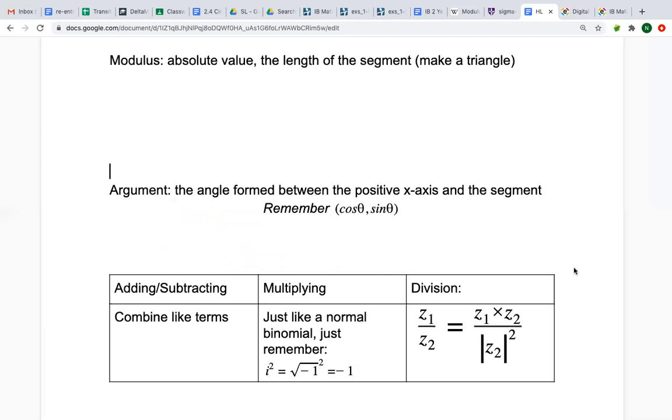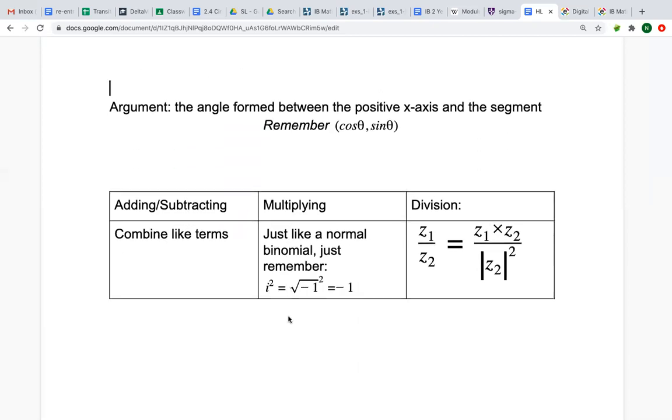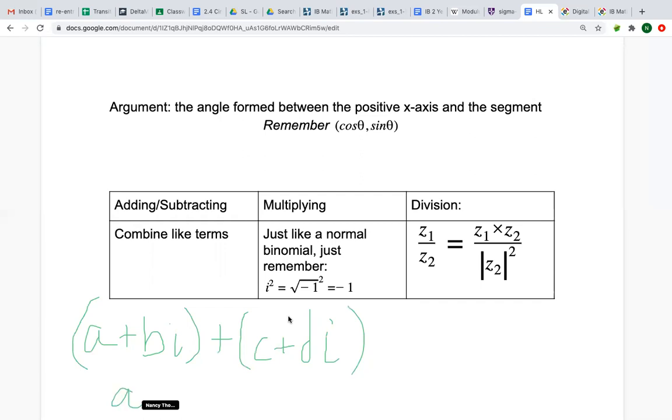Okay, moving on from there, if you are adding and subtracting, so if you have a plus bi plus c plus di, then you're just going to combine your like terms. So that would be a plus c plus b plus d i.